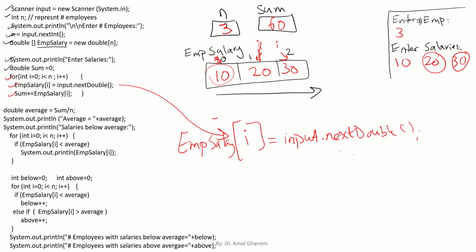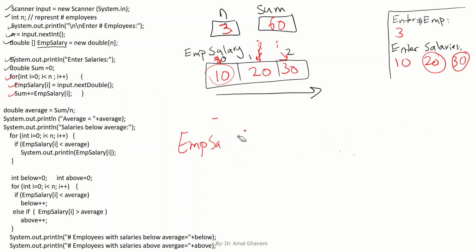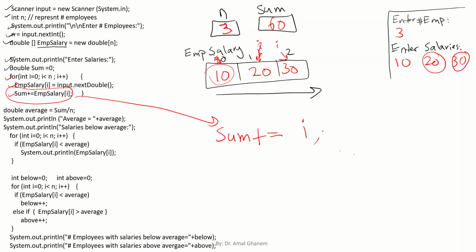The other common mistake is when you do the update, remember you need the salary at location I. So this is the statement. If you just write it as sum plus equal I, not employeeSalary I, it means I will have the values 0, 1, and 2.